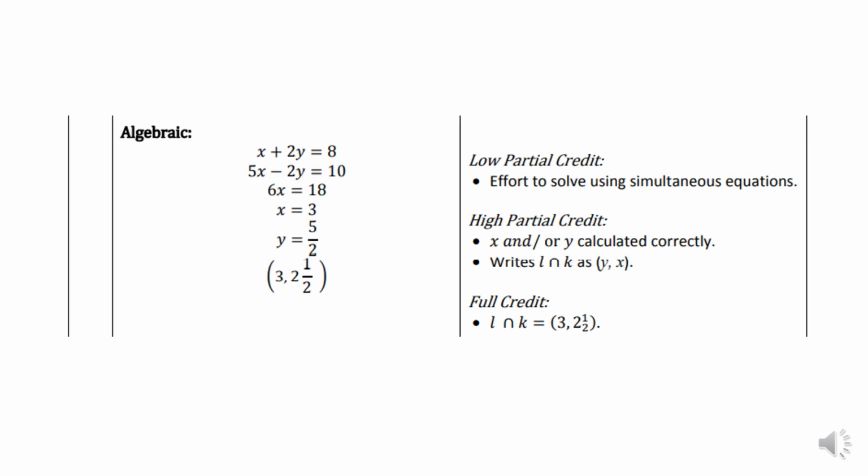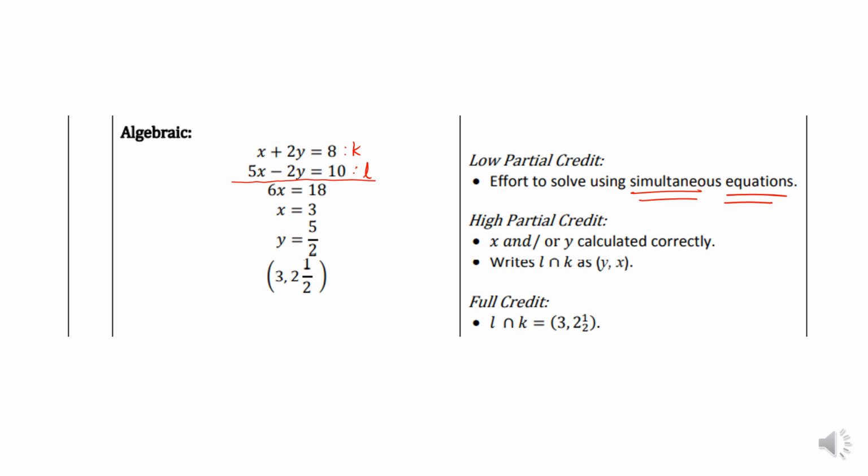And the other recommended way would be algebraic, and this involves simultaneous equations. To find the point of intersection for two lines, you use simultaneous equations when you have their two equations. You're finding the one place where the x and the y values work simultaneously for both equations, for L and K. So this was K, this top line here, and this was line L, slightly rearranged so that the 10 was on the other side of the equals.